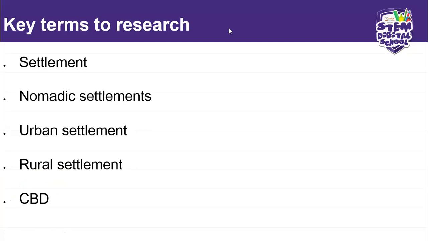Now, these 5 terms, I want you to research. I want you to research on settlement. What is nomadic settlements? Urban settlement, rural settlement, and CBD. Research on those terms. What do they mean? Just understand them.